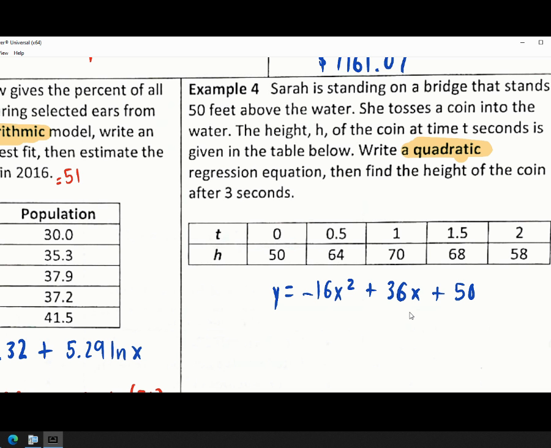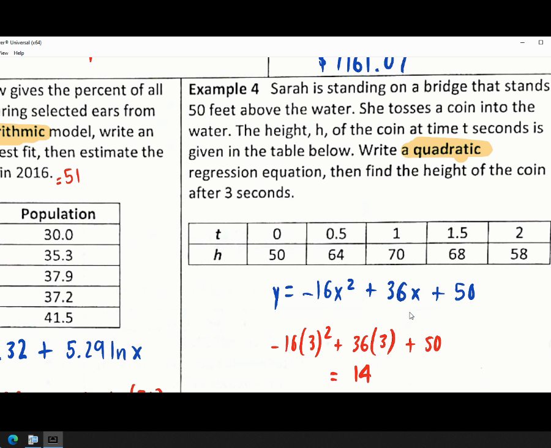And what's the last thing they ask us to do? After 3 seconds. So we're literally going to plug in negative 16 times 3 squared plus 36 times 3 plus 50. You're plugging 3 into x. So you're going to type all that in, and you get 14.